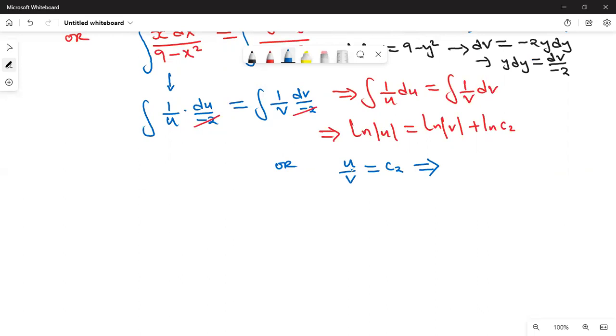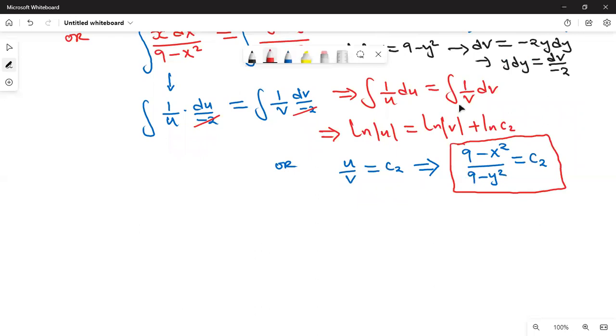Which means, what was our u? Our u was 9 minus x squared. Our v was 9 minus y squared, and that is equal to C2. So we have found the second integral curve, the one that I've circled, bracketed.